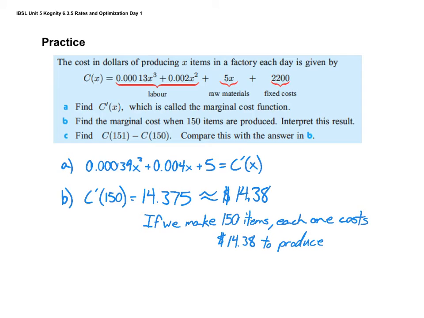Well, actually, to get the total cost, what we would do is C of x, or C of 150, which we actually need for our next step. So C of 150 is $3,433.75.